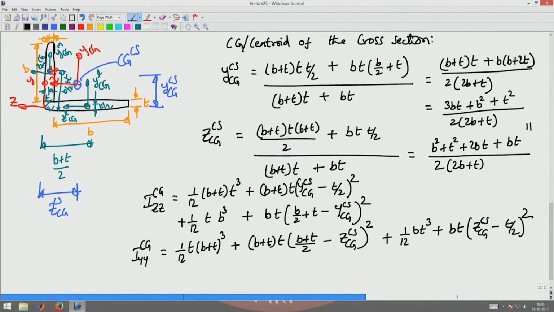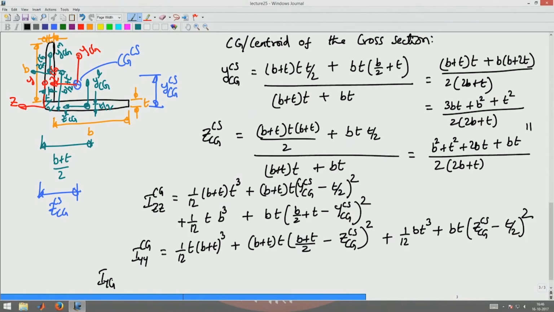In all these things it did not matter for us whether the shift was in the positive direction or the negative direction because I was squaring the distance. So, I always took the distance to be a positive number, but when it comes to I y z, when I want to compute I y z about the centroid, I want to compute I y z about the central axis, okay.